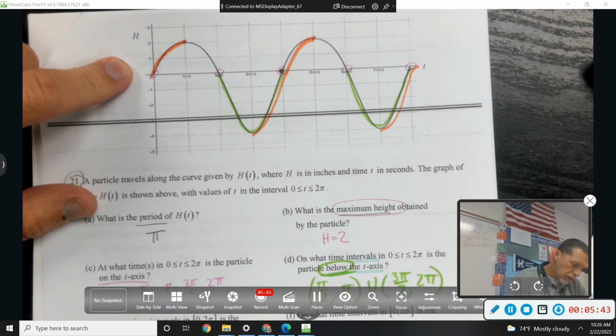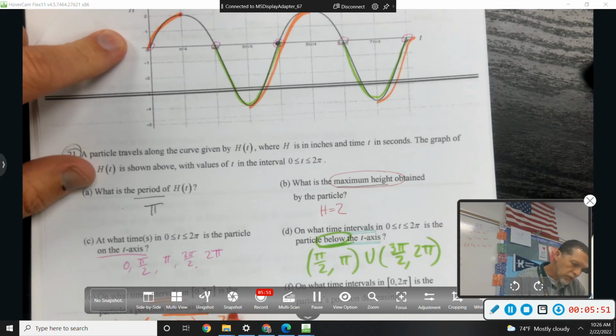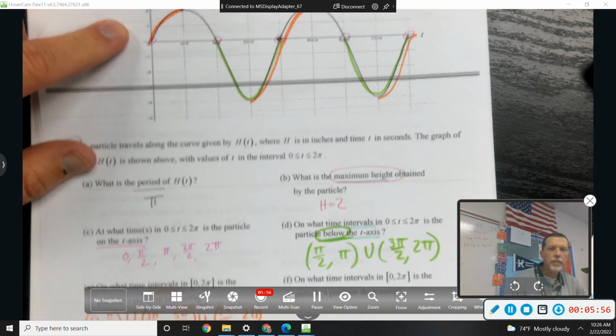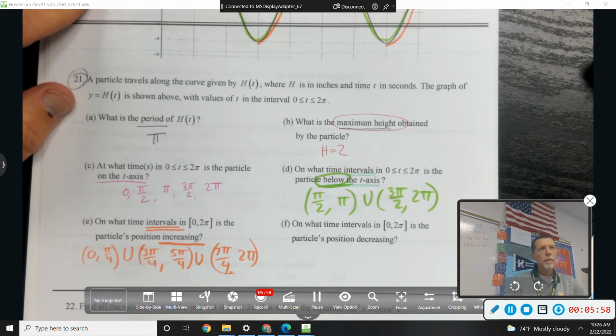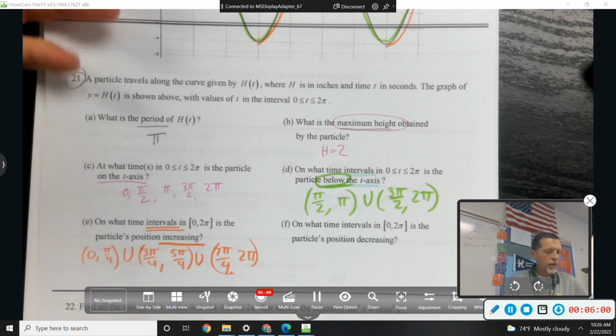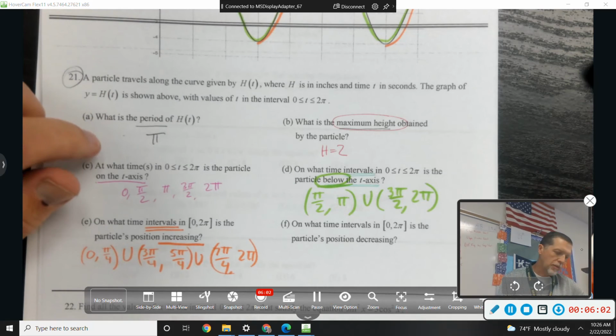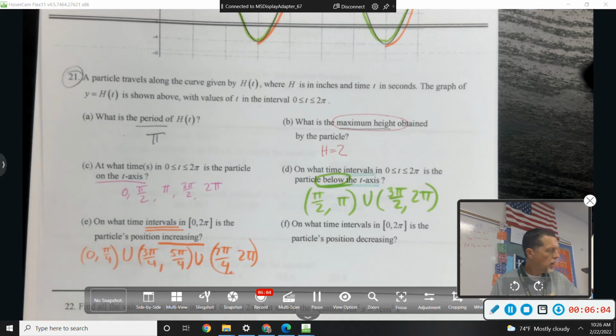From 3 pi over 4 to 5 pi over 4. And 7 pi over 4 to 2 pi. Again, it's not a hard question, but I don't think we've seen one quite like that before. And I'm running out of colors up here.